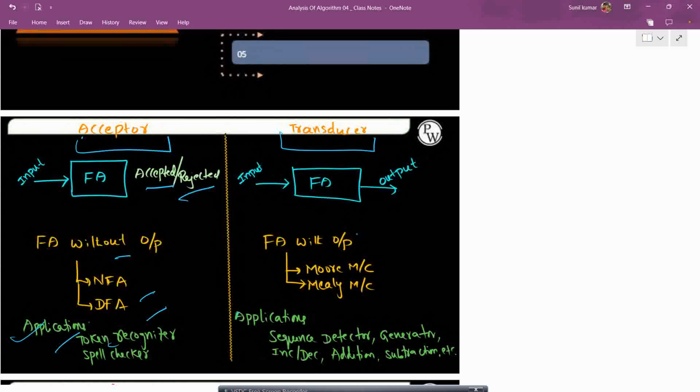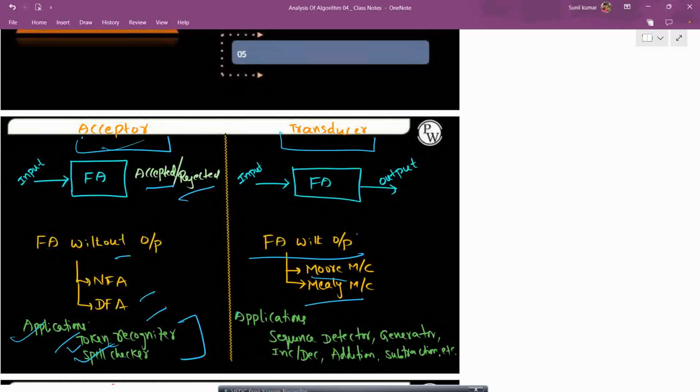Applications of that are token recognizer and spelling checker. So these are some applications of finite acceptors, and some transducers examples are Moore machine and Mealy machine.